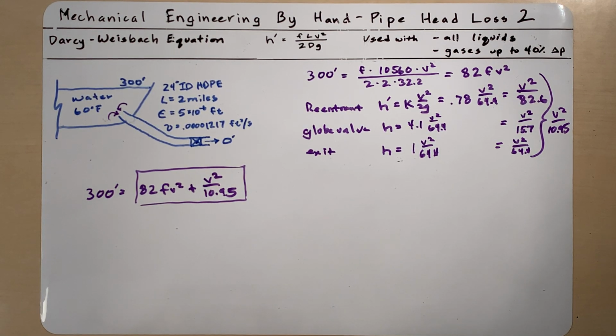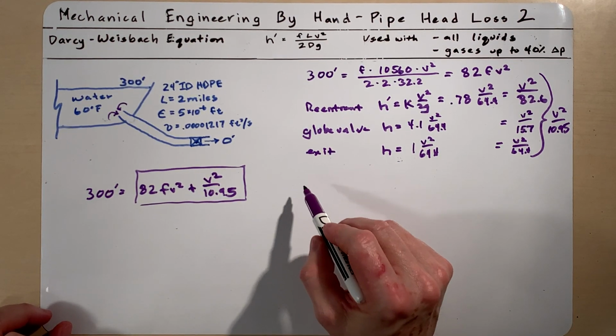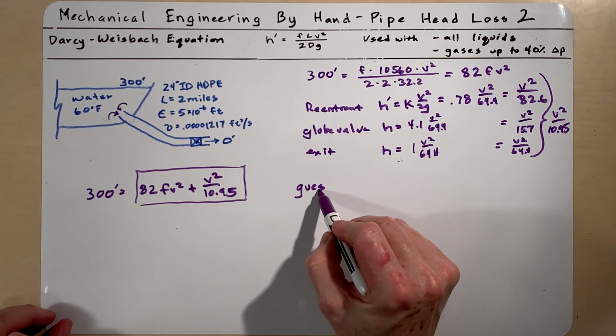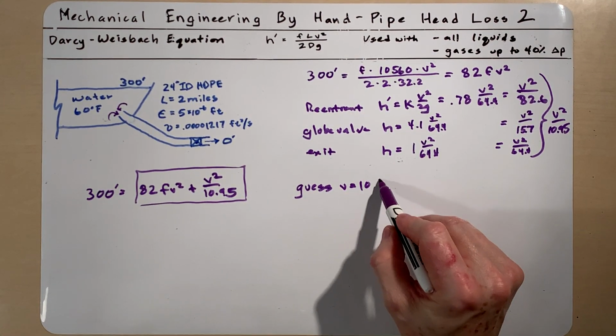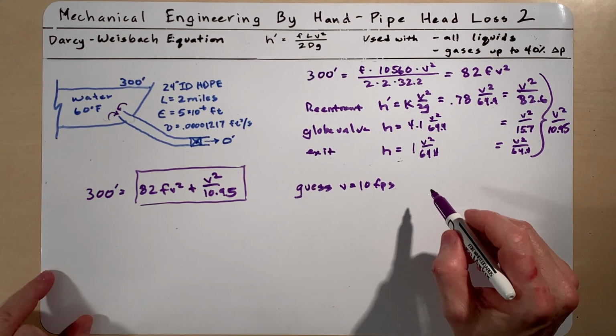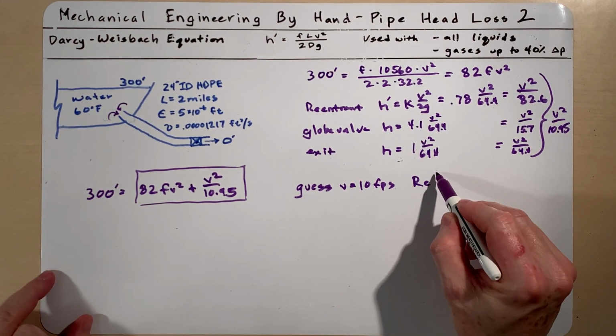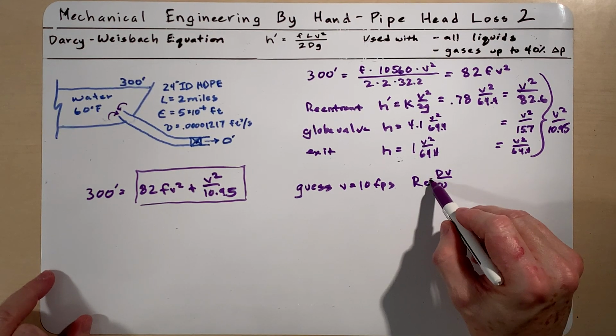So let's take a first guess and say that our velocity is 10 feet per second. Okay, and we need to calculate the Reynolds number, which is diameter times velocity over kinematic viscosity.